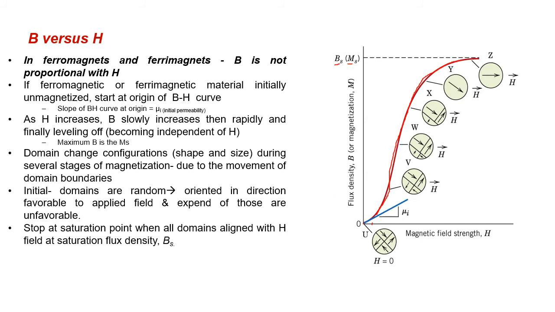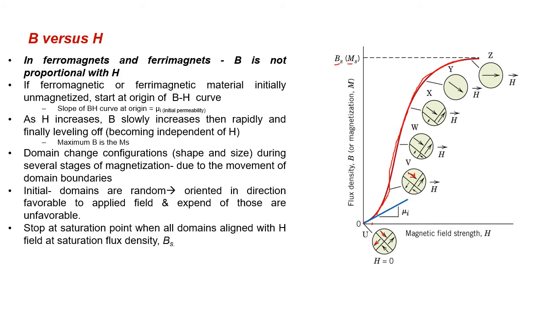For the domains, at the origin, the domains are randomly oriented. So once we start applying the magnetic field, the favorable direction will start to grow, and the shape will also start to change.